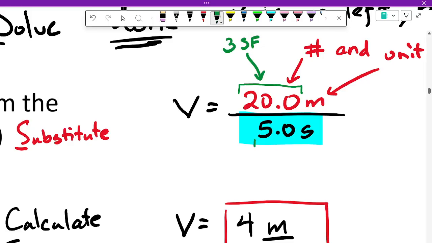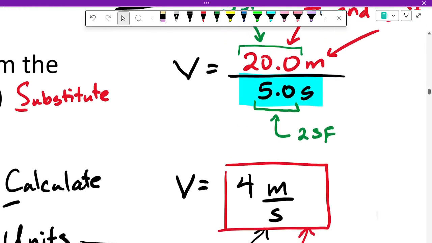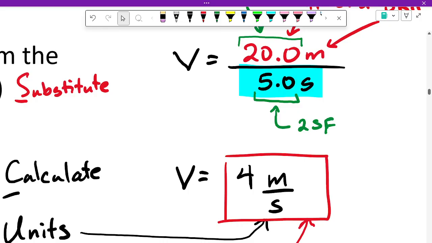How many sig figs in the number 5.0? 2 sig figs. What is the smallest number of sig figs? 3 or 2? 2.